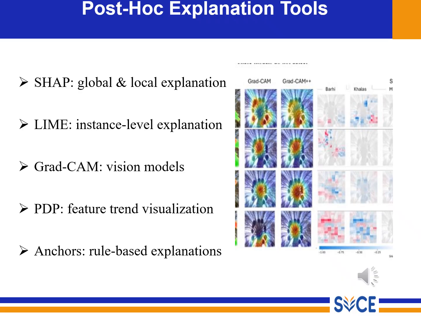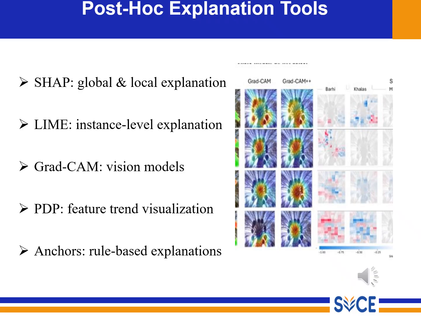So let me walk you through the main techniques. SHAP provides both global overall model behavior and local single prediction explanations. Then LIME explains individual instances using a local surrogate model. Grad-CAM is used specifically for vision models, which means image classification, to show which region of an image influenced the decision.